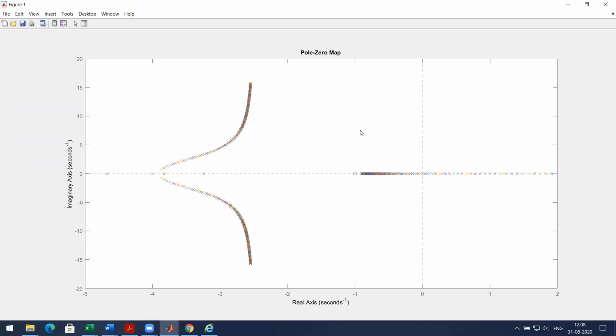It will be symmetric. If a point is over here, the other point will be in the negative direction. The value will be the same, but plus and minus. That is the meaning of conjugate pairs. So always the poles and roots will be in conjugate pairs if they are complex.